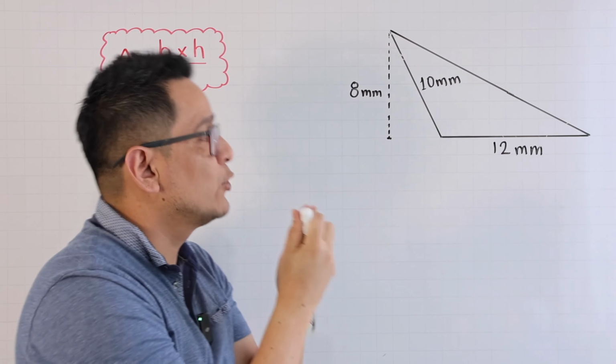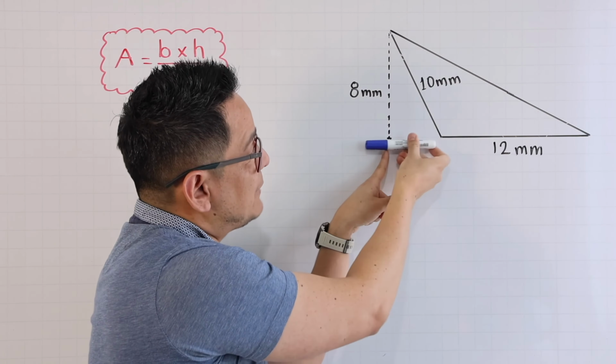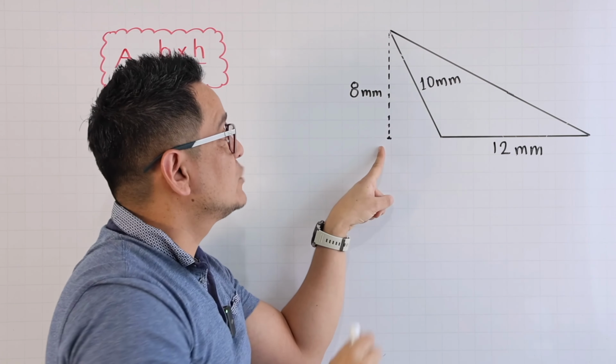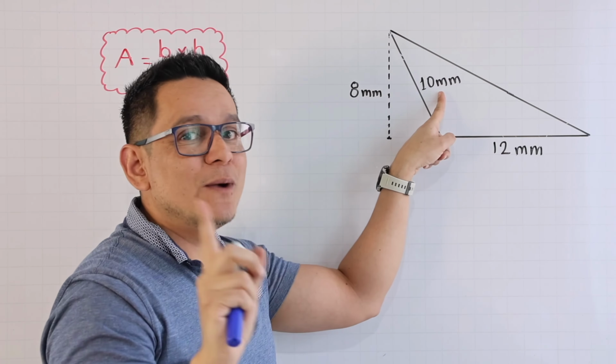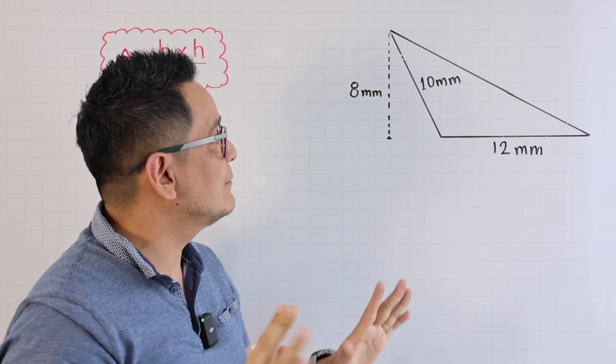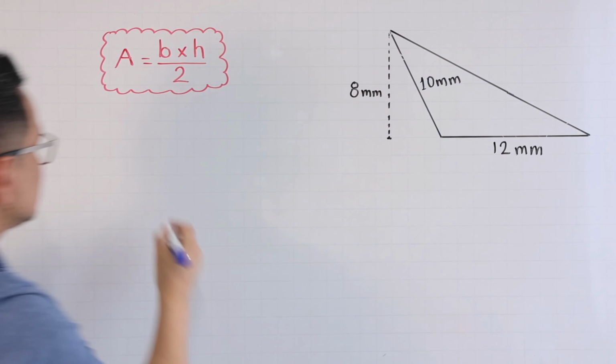Why is that? Because we agreed that the height is the line segment that is perpendicular to the base and passes through the opposite vertex. So in this case, we won't need this information. It's just a distraction to confuse us. But the real height is this one. So come on, let's do the calculations.